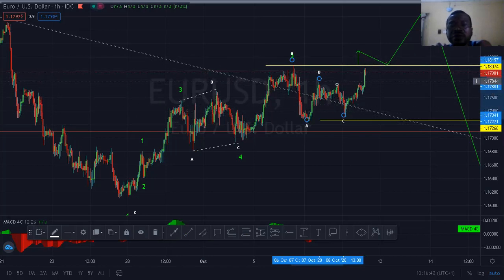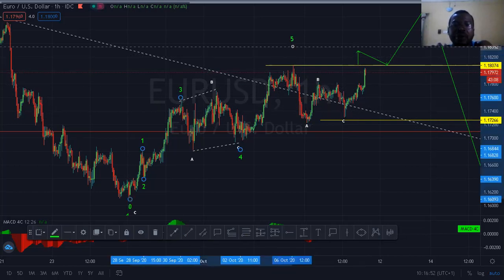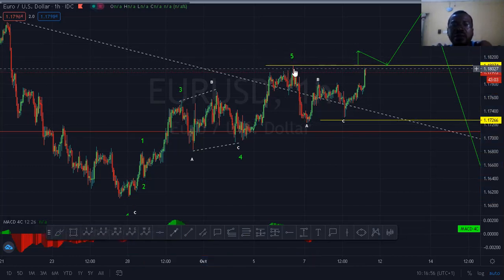If this is taken away, it means C has ended. But in the bigger picture, we are still expecting wave C down. So watch out for the break of this place. On 1 hour, we assume wave C has ended because B has been taken away.